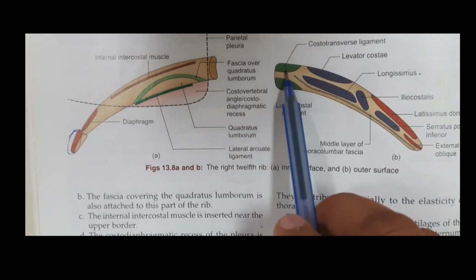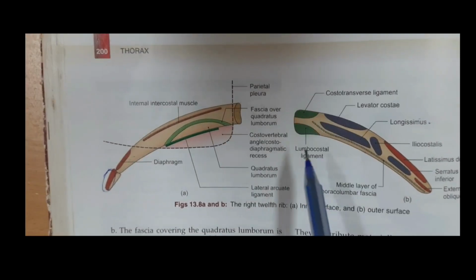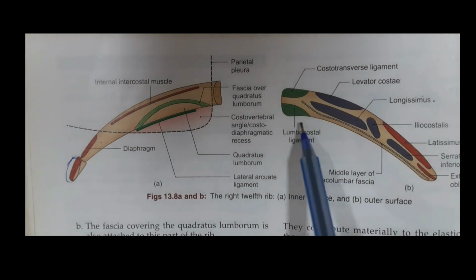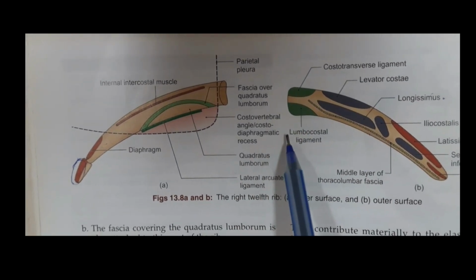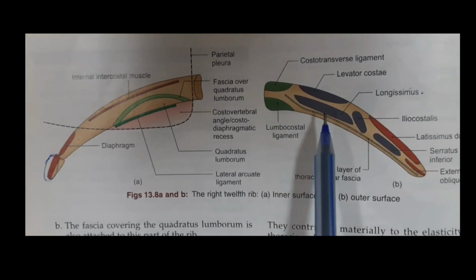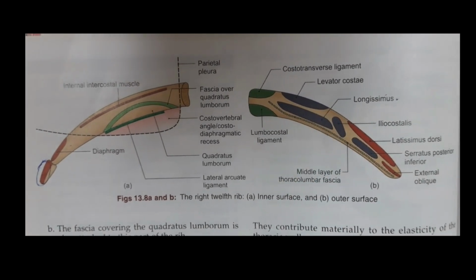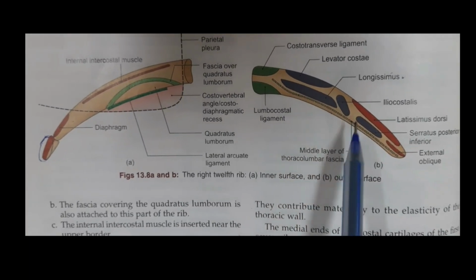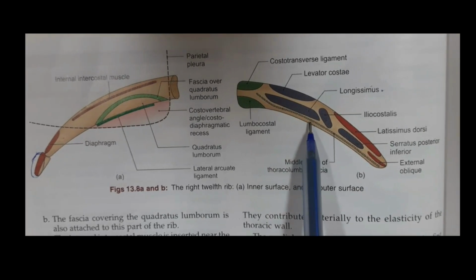The costotransverse ligament lies in between this upper part of the 12th rib and the transverse process of the 11th thoracic vertebra, while the lumbocostal ligament lies in between this 12th rib and the first lumbar vertebra. In the remaining upper part of the medial half, there will be levator costae muscle insertion and the longissimus and iliocostalis parts of the sacrospinalis muscle.